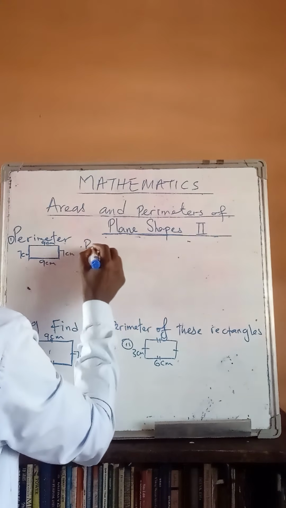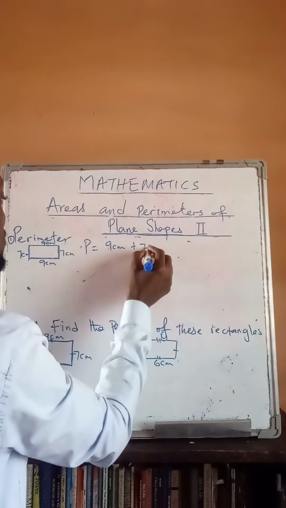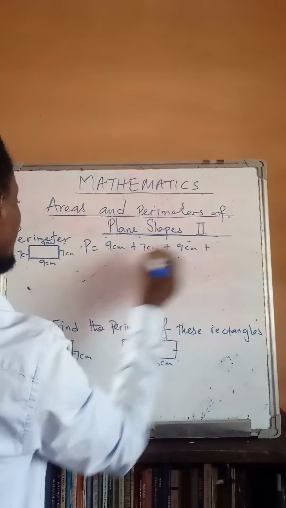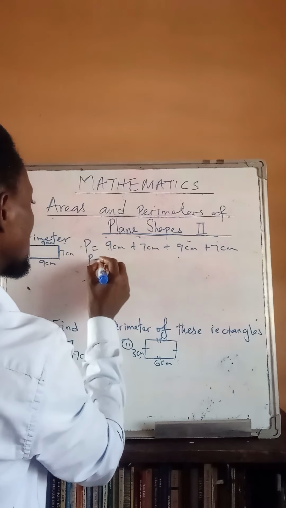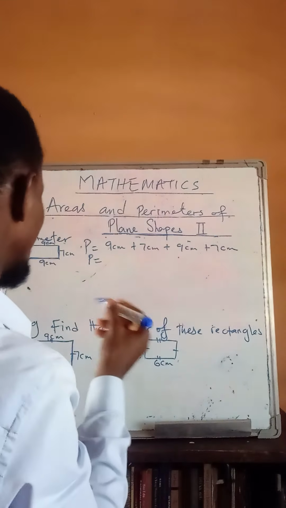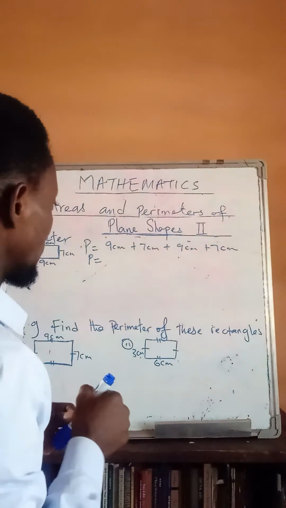So we have P equals 9 centimeters plus 7 centimeters plus 9 centimeters plus 7 centimeters. So perimeter equals 9 plus 7 plus 9 plus 7. 9 plus 7 will give us 16, right?